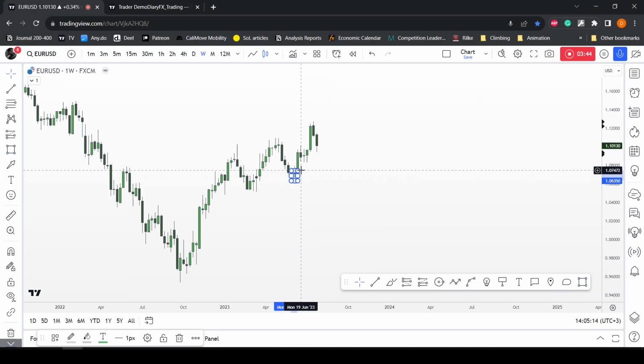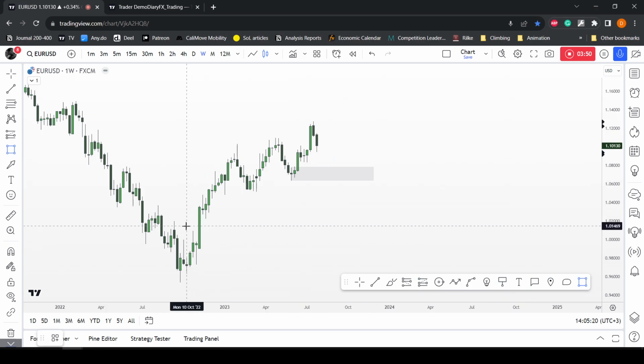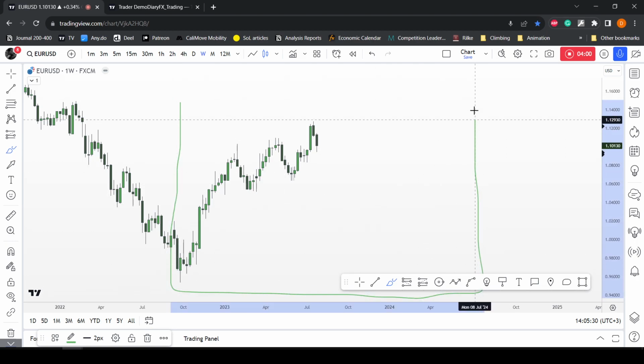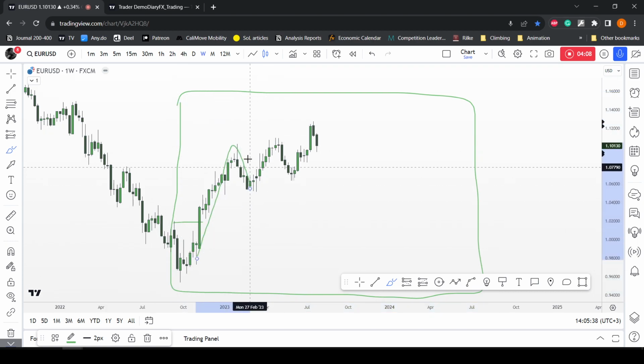During almost a year, this market was bullish. Right now, it does not have any models in terms of accumulation or reaccumulation. It just has this usual bullish structure, and that's all.